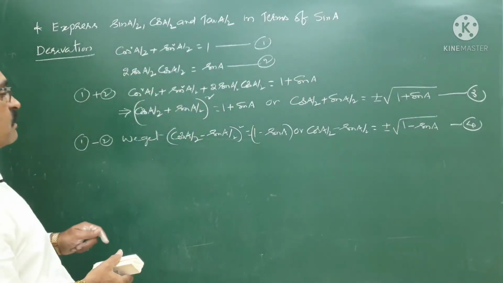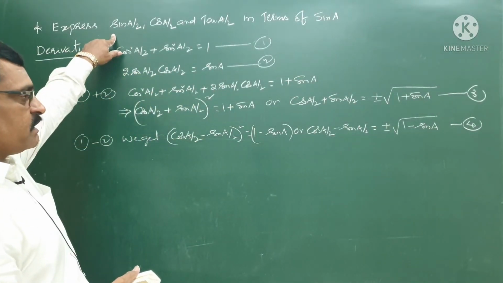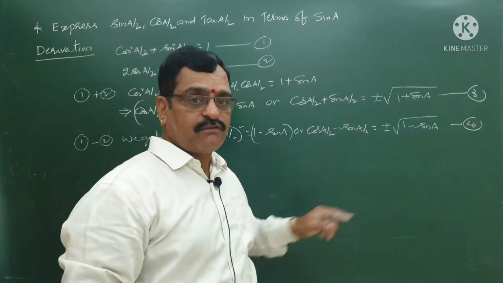Now, if I want sin A by 2, what do I do? I add these 3 and 4.